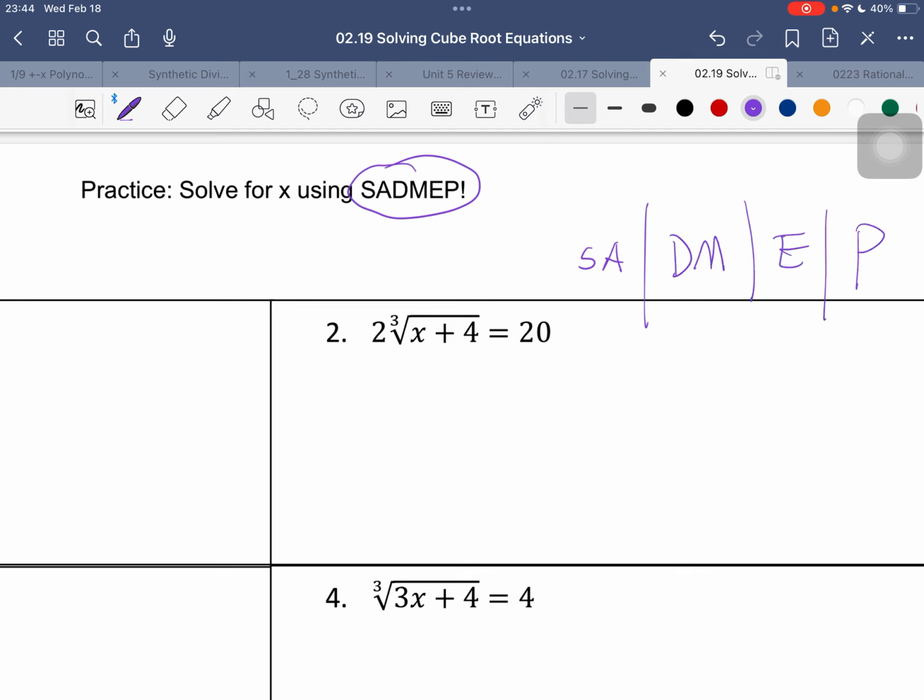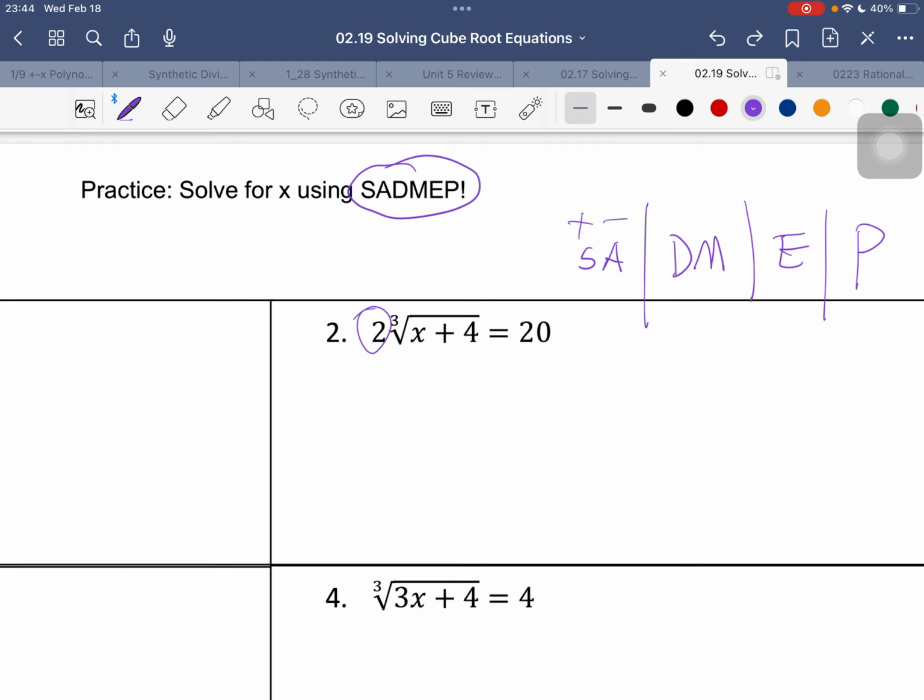That's the order of removing everything outside of x. So let's see. Outside of the cube root, do I have any subtraction or addition? Do I have anything in the backyard? No. Outside the house, I only have a front yard. So I can skip step 1, subtraction or addition, for question 2.